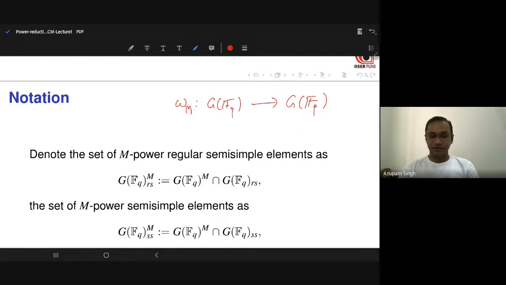So I will look at the image here. The image of this is G(Fq) to the power m. This is a subset here in the image. Now the question is: does this subset contain a regular semi-simple element? Does this subset contain a semi-simple element? Or does this subset contain a regular element?